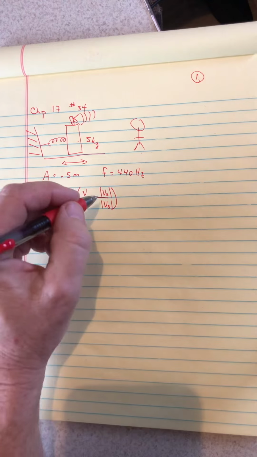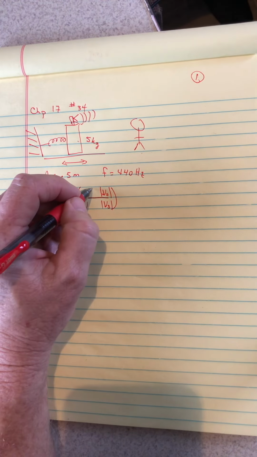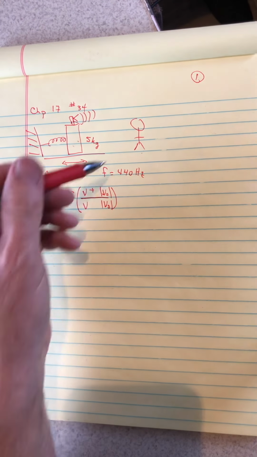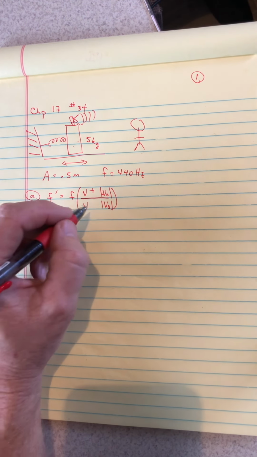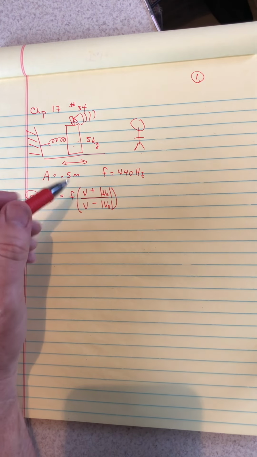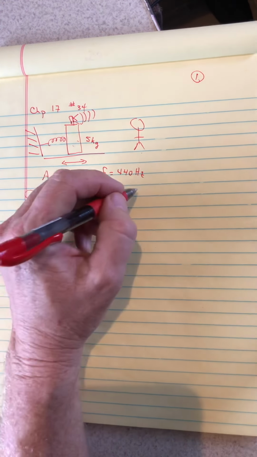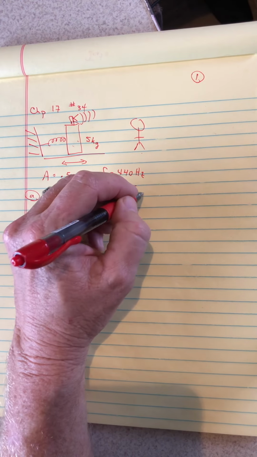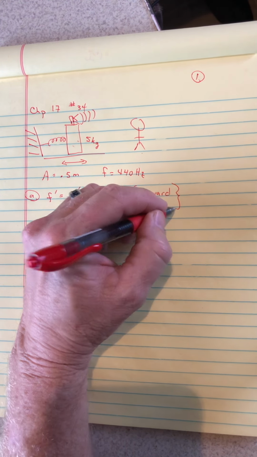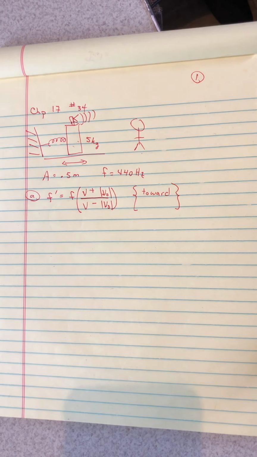So that means if the observer is moving towards the source, there should be a plus sign. If the source is moving towards the observer, there should be a minus sign in the denominator. Each of these would make it a higher frequency. So I kind of like to write my equation this way. And I use the upper sign if they're moving towards each other.